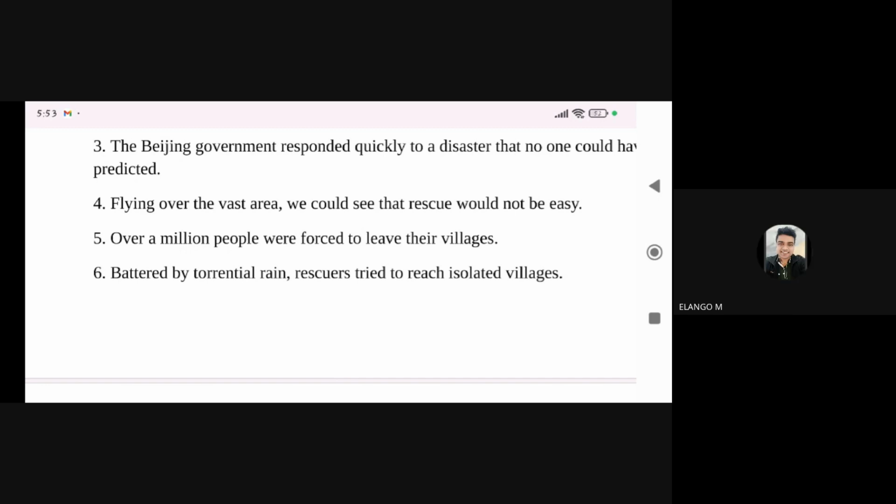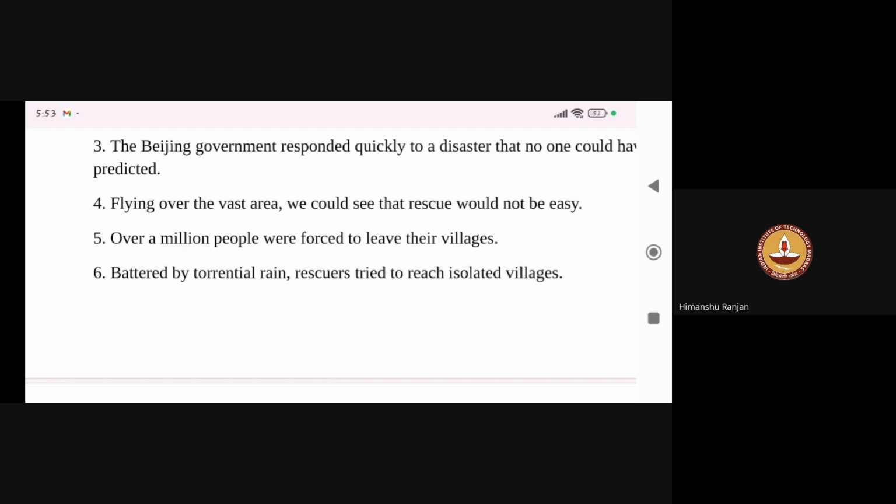No subordinate. Okay. So forced to leave their villages, you don't see anything there? Yes, ma'am. That could be a subordinate clause.